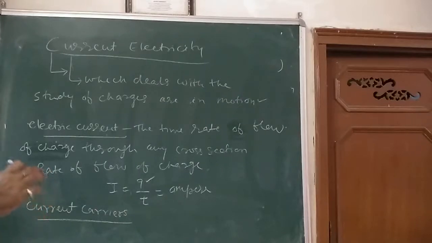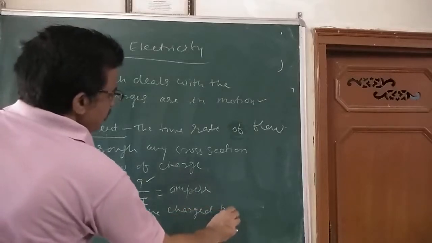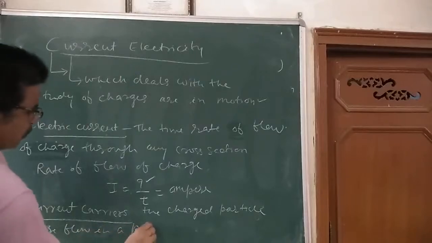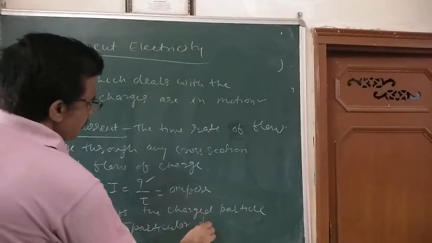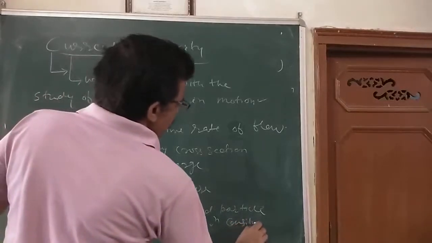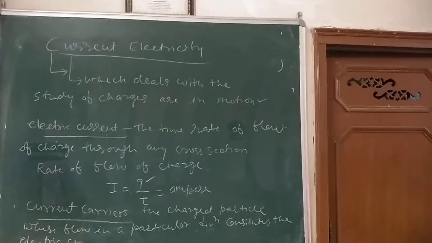The charged particles whose flow in a particular direction constitutes the electric current are called current carriers. So in this chapter we are going to see these types of terms.